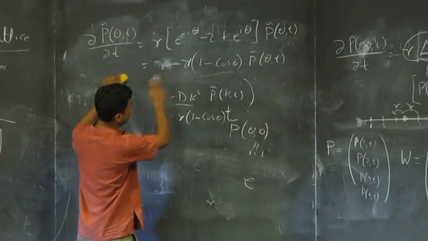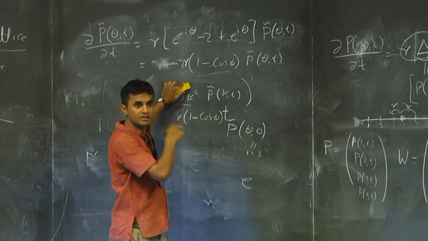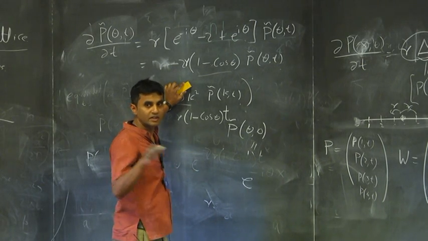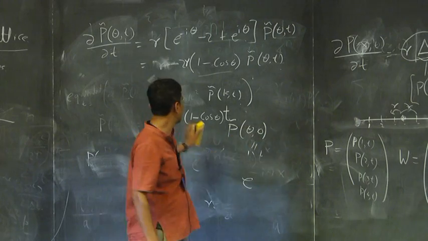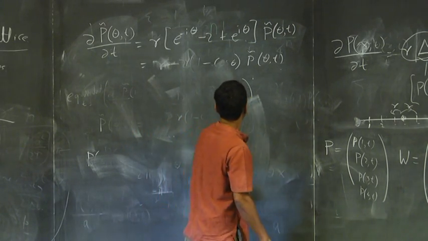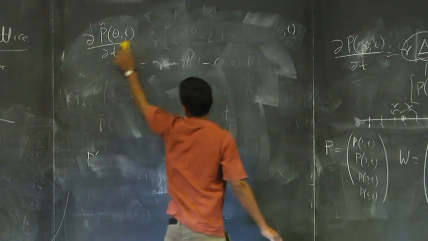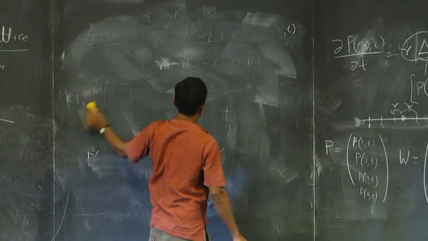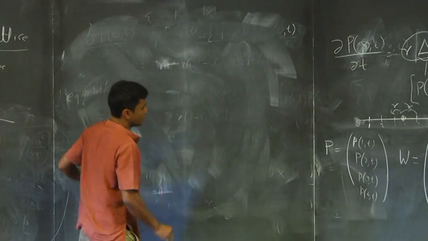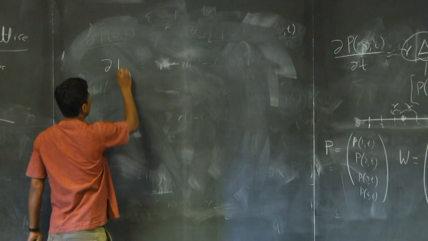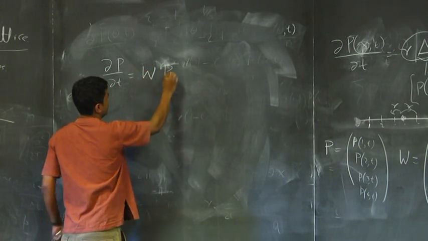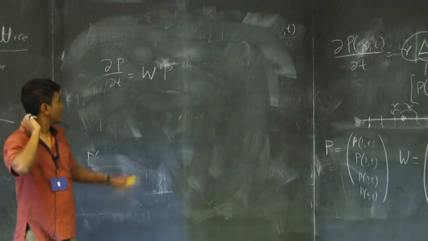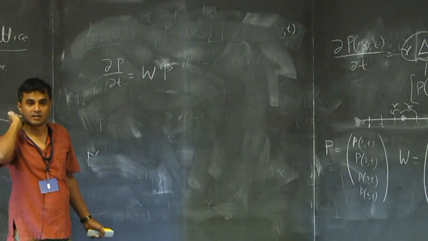The way I solved it before, using the Fourier series, is valid only on the infinite line. But if I have to do it in a finite domain, how do I solve this problem? I have an equation like del P del t equals WP. So how do I solve this equation?